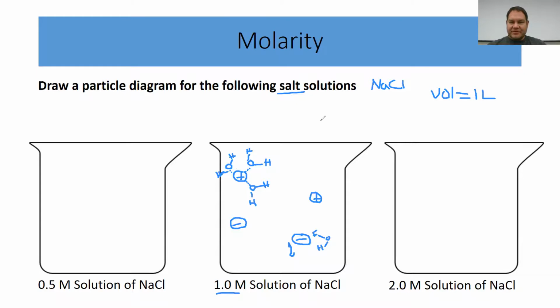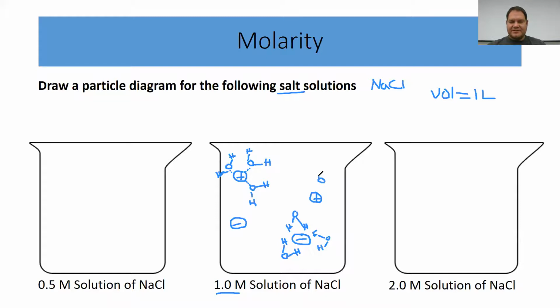That's not a very good one, let me erase it. It's not easy to draw with this. There we go, there's my oxygen and my hydrogen. Again, in your particle model, just put some water molecules around those ions.